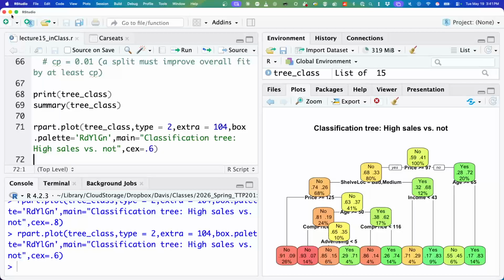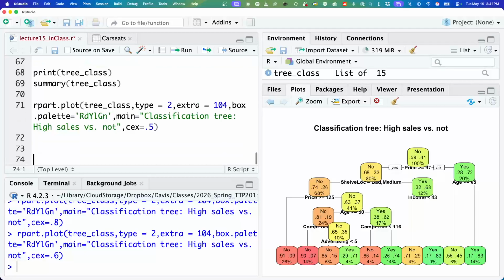If you guys recall, we separated the data into testing and training. So if I were to do a prediction on my test set, how well would we do?